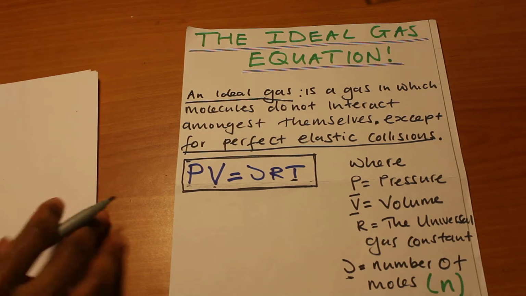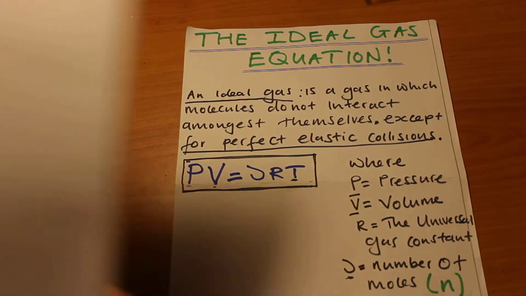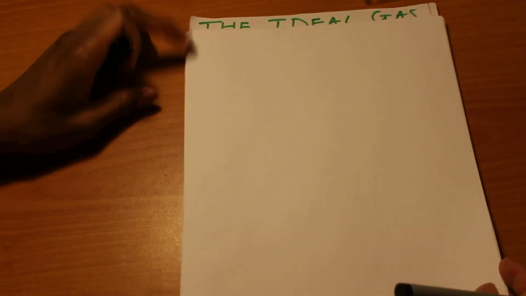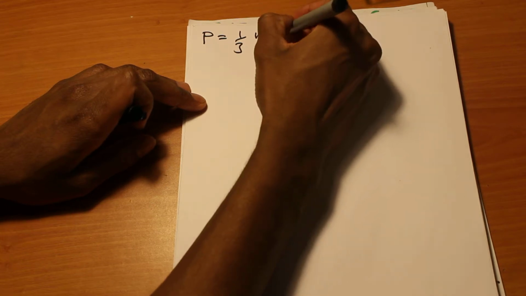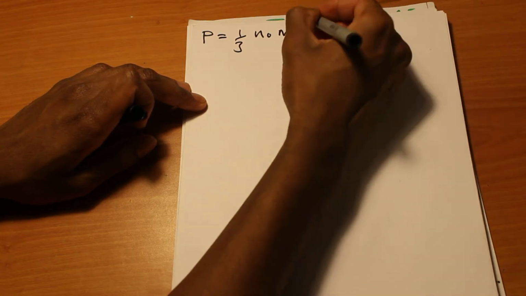You remember well, we said, let me write this here. If you remember well, we derived the formula for the pressure of molecules within a gas to be 1/3 times the number of moles multiplied by the mass times v squared.